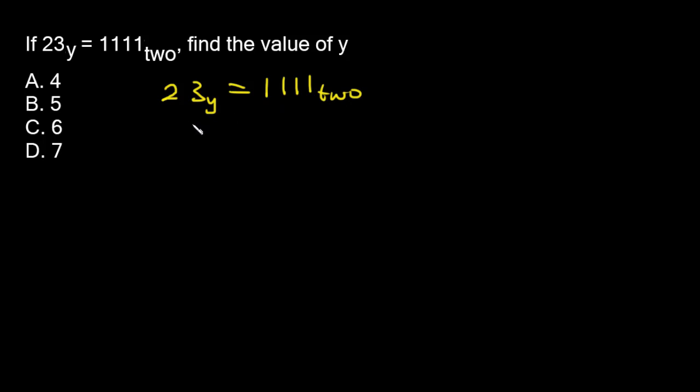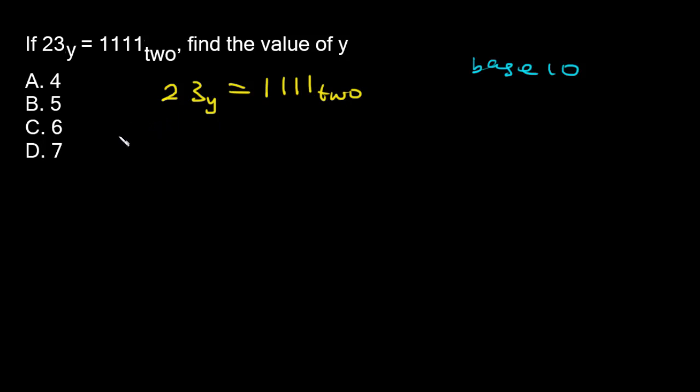So if you understand number systems, you will know that we can convert both sides to base 10. And when we convert both sides to base 10, this side will be equal to this side, that is, the left hand side will be equal to the right hand side, if you later cross check.